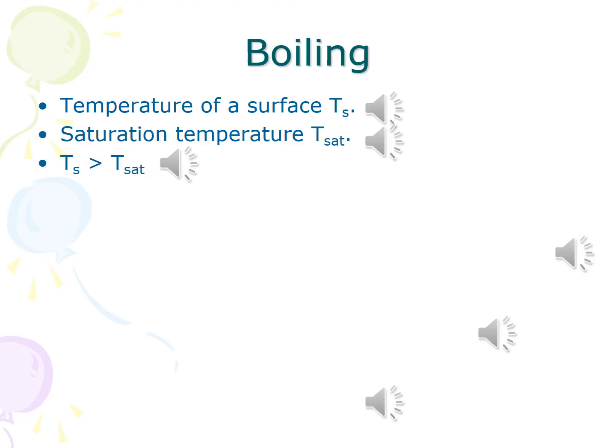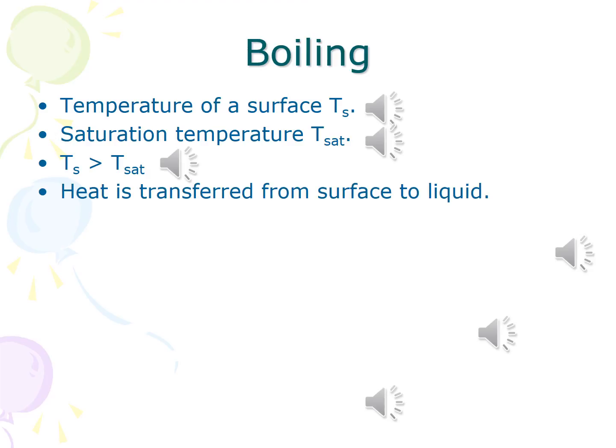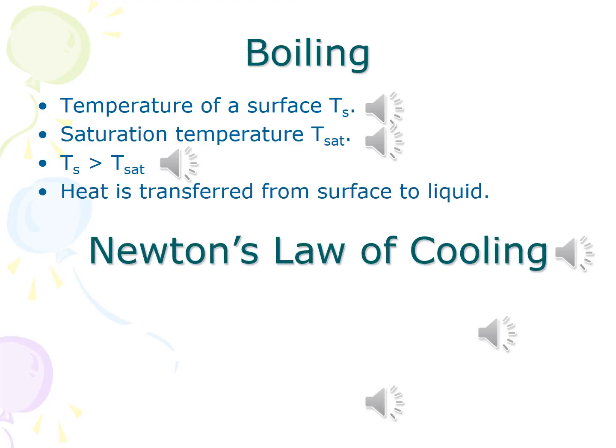For heat to be transferred from the surface to the boiling liquid, T_s has to be greater than T_sat. Newton's law of cooling can also be applied to boiling. T_s minus T_sat is known as the excess temperature, or delta T_e.